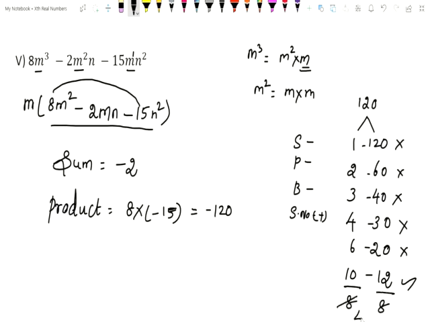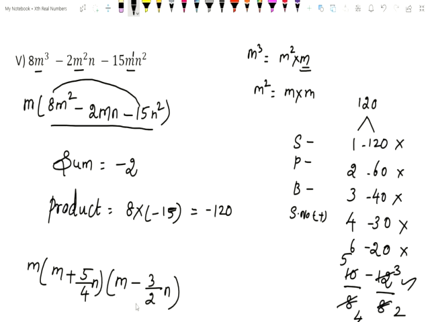4 2s are 8, 5 2s are 10. 4 2s are 8, 4 3s are 12. So, m into m plus 5 by 4 n. Because here m square, n square is there, so mn. m minus 3 by 2 into n.